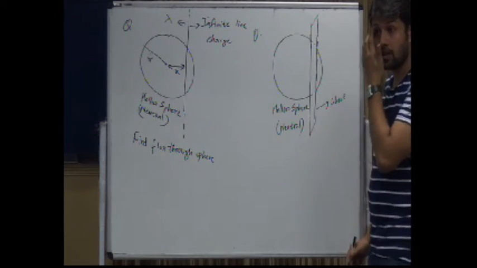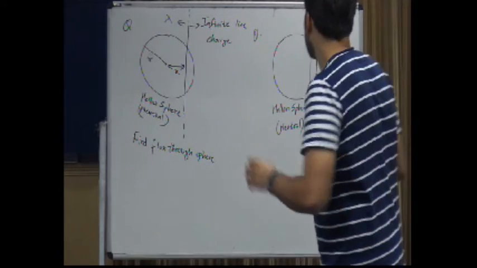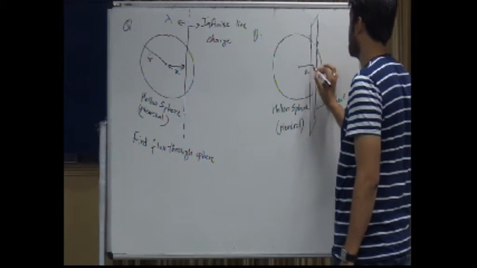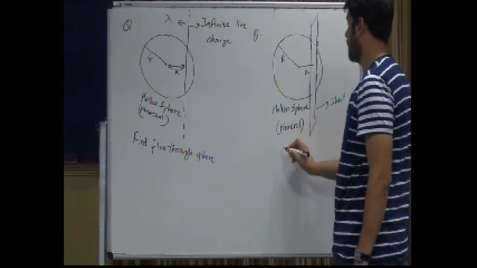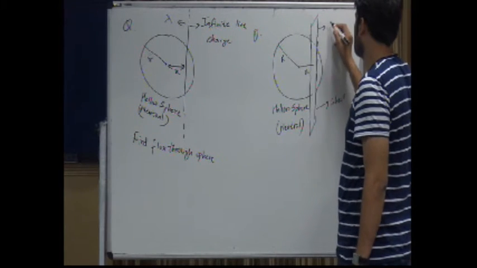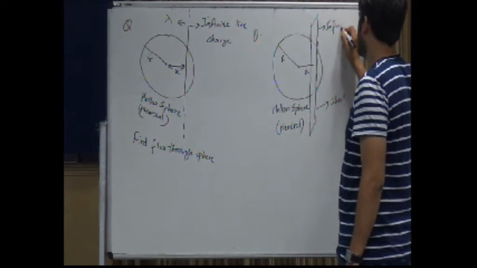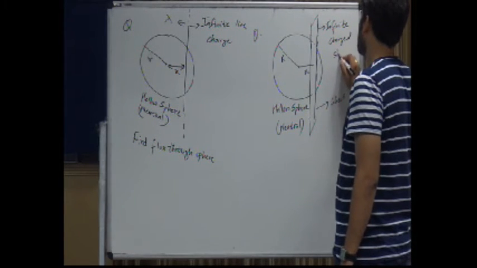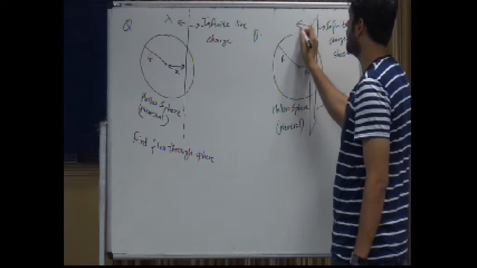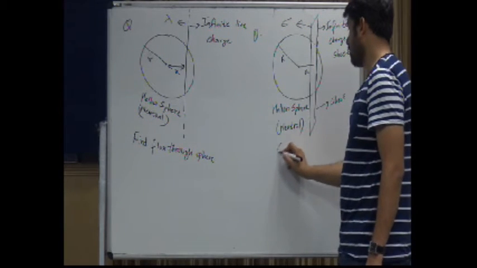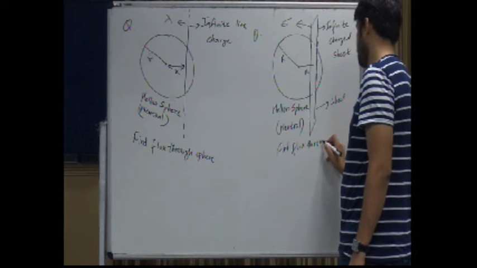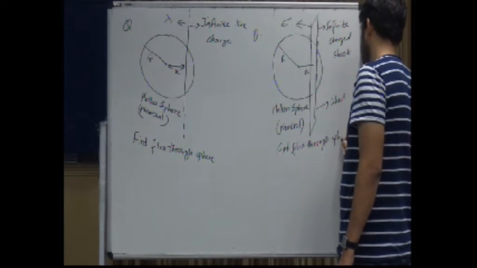Everything is the same, the distance is x, this is r, and this is an infinite charged sheet with charge density sigma. Again you have to find the flux through the sphere.